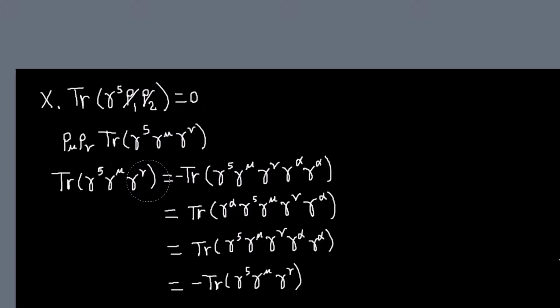So we can't introduce a gamma 5 or a gamma 0, that doesn't work, because we have this gamma 5. If we introduced gamma 5s, we'd anti-commute twice, and that wouldn't give us a minus sign, so we couldn't go anywhere from there.